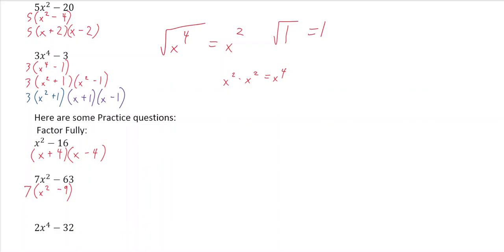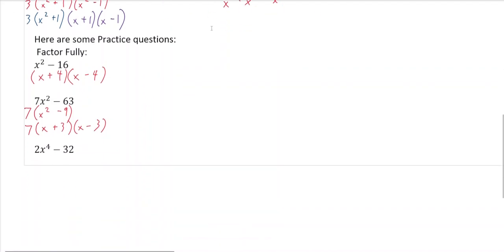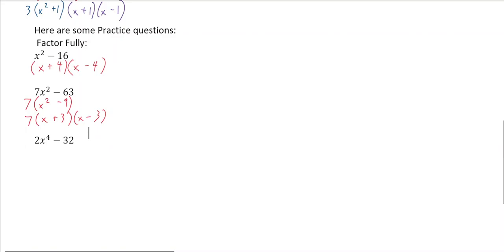Then we're going to notice that the 9 is a perfect square, which means that we can do the next level, which is going to look like this, and square root of 9 is 3, so we can put it in like that. All right, and our last question here, we've got a GCF of 2, and we can take out 2 here as well.